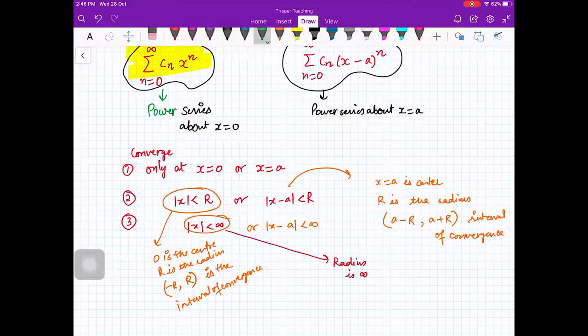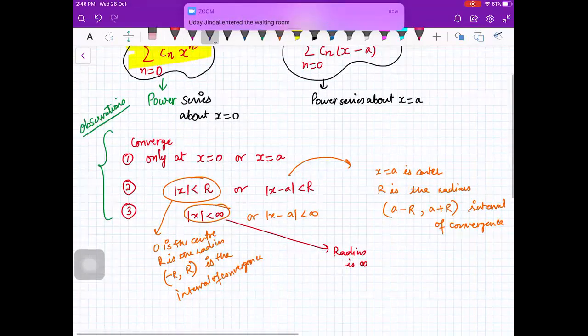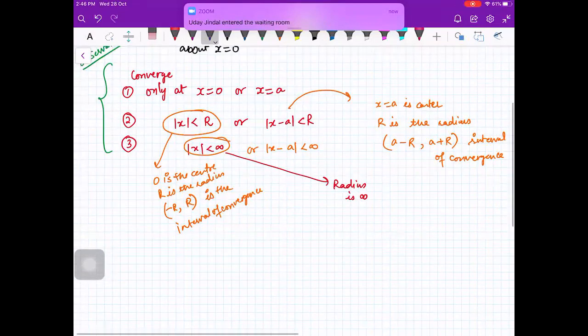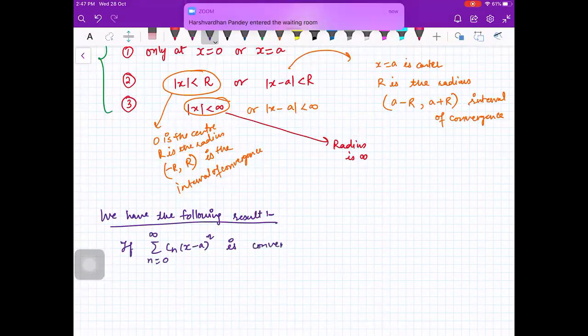So indeed, this is what we have observed actually from the questions. Indeed, we have this result, which we will not prove. I will just write it down. We have the following result. If a series Cn (x minus a) raised to power n, n from 0 to infinity, is convergent. Let me first write it for center 0.